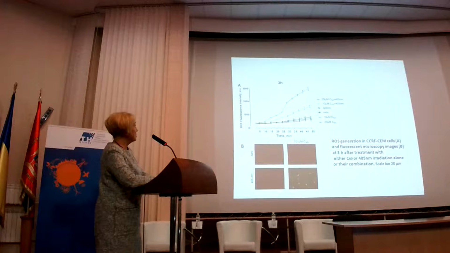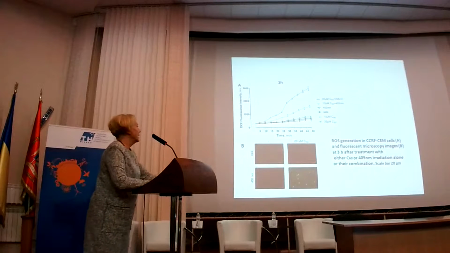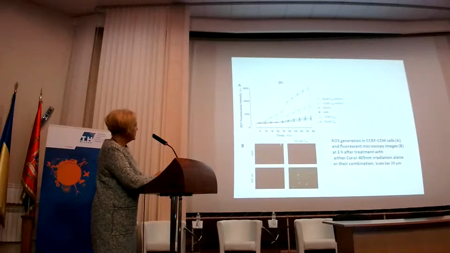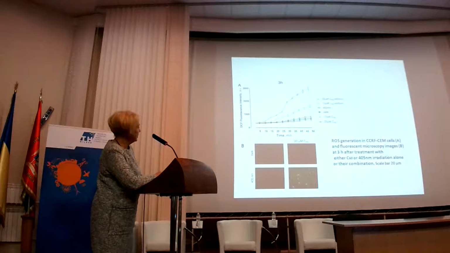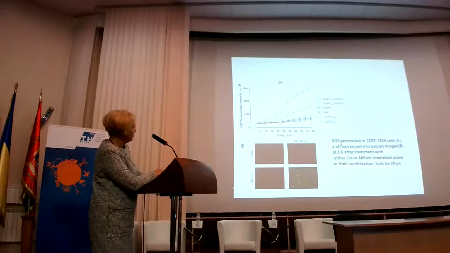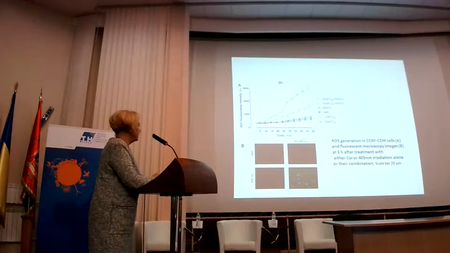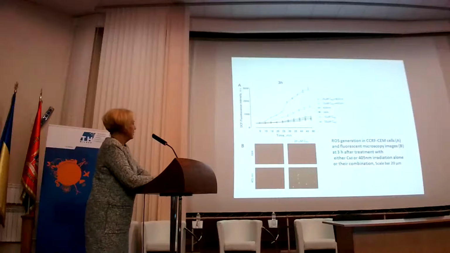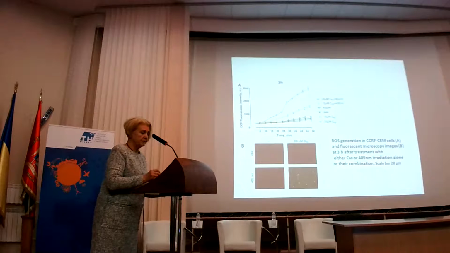You see that it is rather high 3 hours after the manipulation. There is a specific fluorescent label for ROS, it is DCF. And you can see that in the dark, no effect is visible, while after radiation with the LED 405, we see a huge ROS production, maybe even oxidative stress.